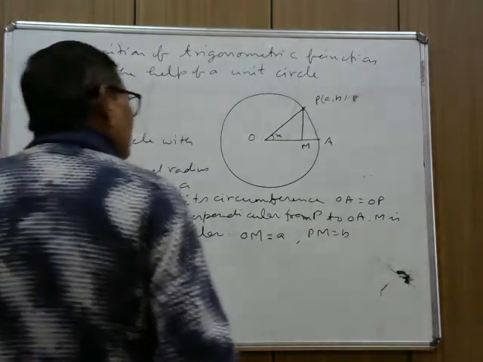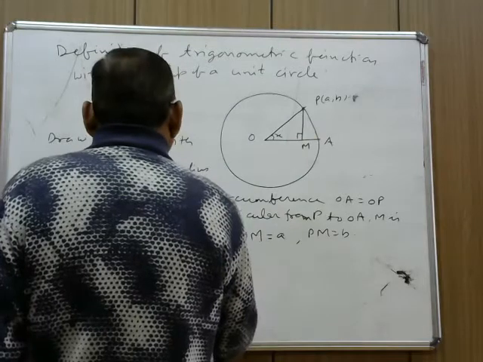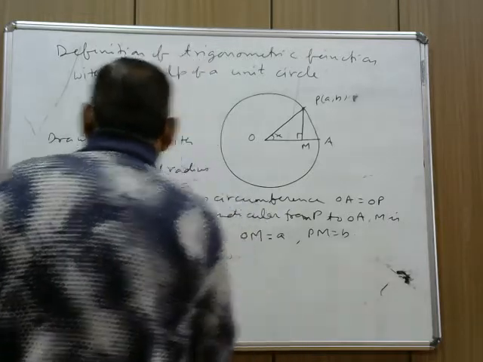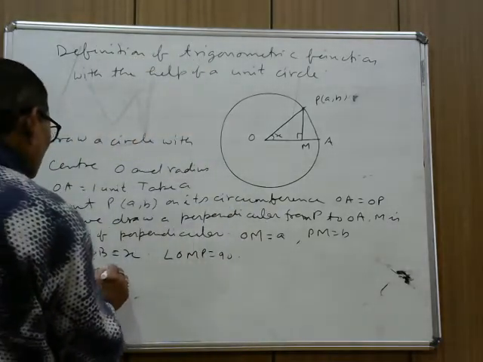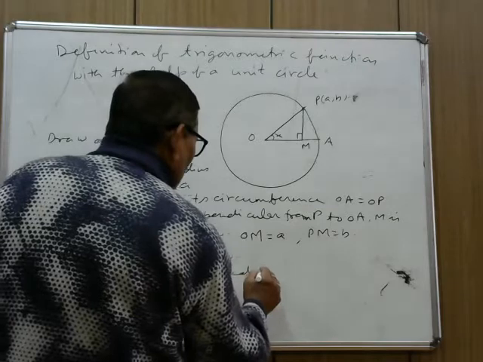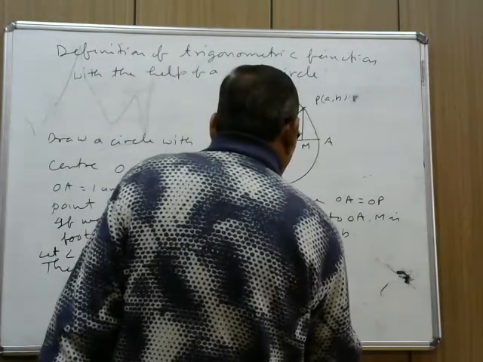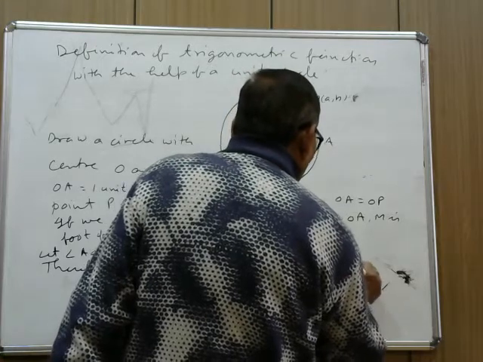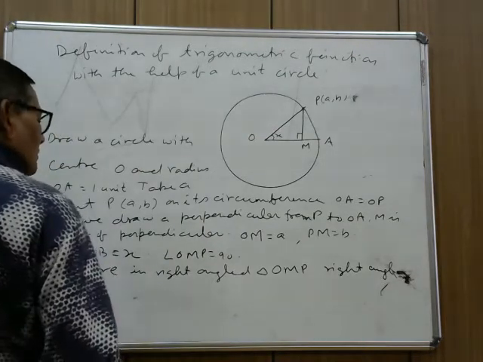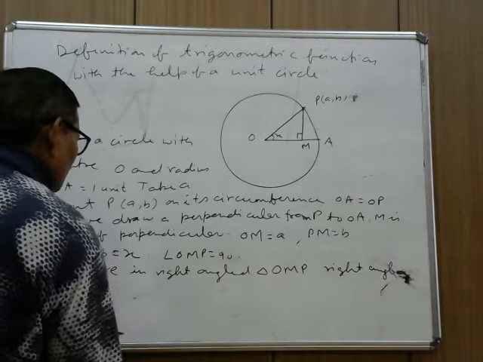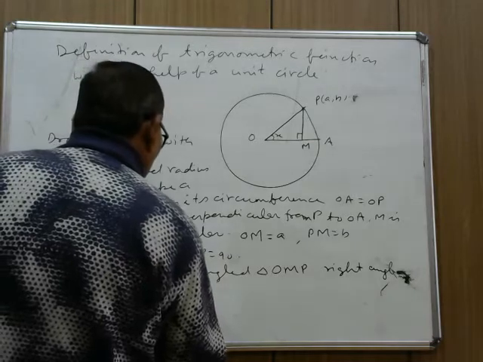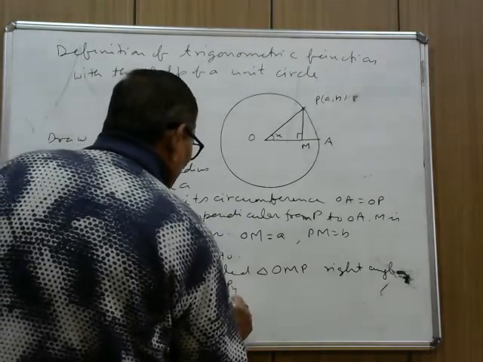And angle OMP is equal to 90 degrees. Therefore, in right angle triangle OMP, right angle at M, apply Pythagoras theorem.